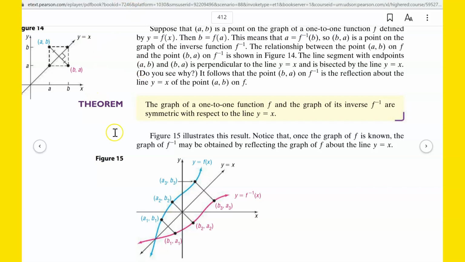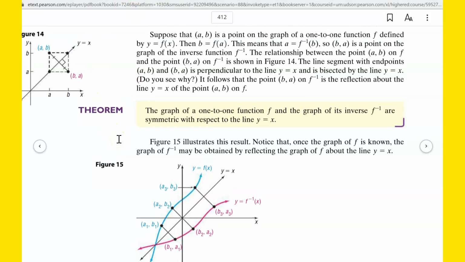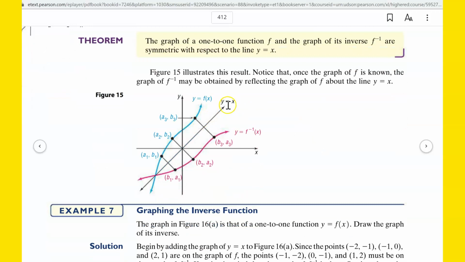All right. There's a certain kind of symmetry between the graph of a function and the graph of its inverse. Let me read it here. The graph of a one-to-one function f and the graph of its inverse f inverse are symmetric with respect to the line y equals x. What is the line y equals x? It's the line that goes diagonally through the origin.